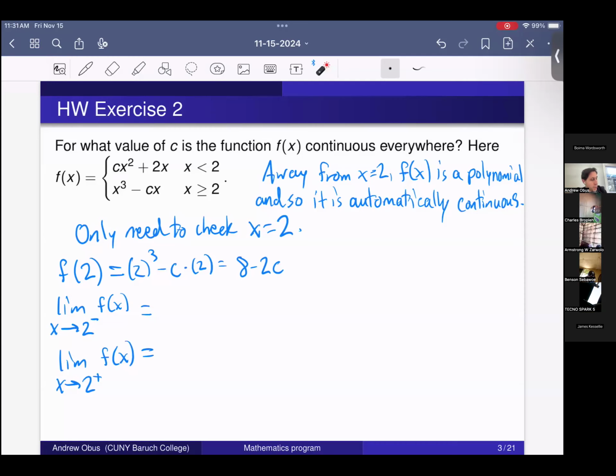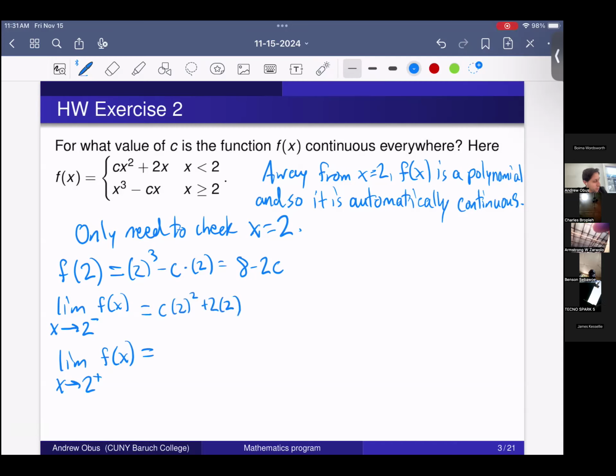Right. So which expression do we use when we're approaching 2 from the negative side? We use minus. But which expression for the function? Right, f has two different expressions. So when we're approaching 2 minus, which of the expressions for f of x do we use here? We use the one that is less than 2. Exactly. So this is going to be c times 2 squared plus 2 times 2.